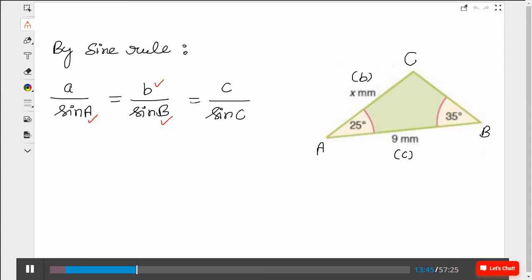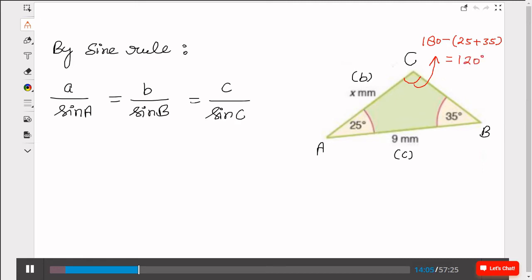The sum of all three angles is equal to 180 degrees. So we can just subtract from it. 180, it's 120 degrees. Let me check again. Yeah, it's 120 degrees.